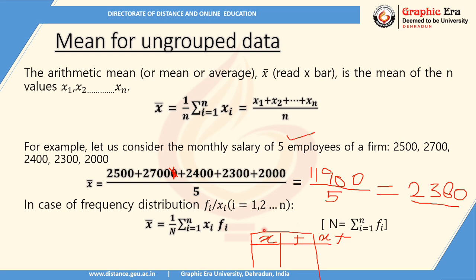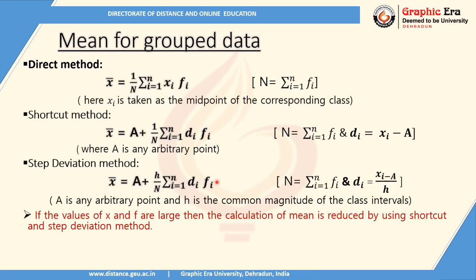When we multiply the corresponding x by f, then we get the corresponding xf. Xf means xi fi: when we put i equals 1, then x1 f1. So x1 f1 will represent the first tabulated value, x2 f2 the second tabulated value, x3 f3 the third tabulated value, and so on.